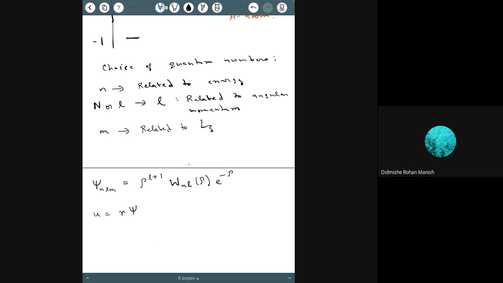Right? So I have to divide by r. So this is divided by r. And then I have the angular part as well, which we had obtained before.